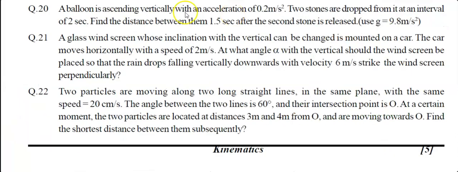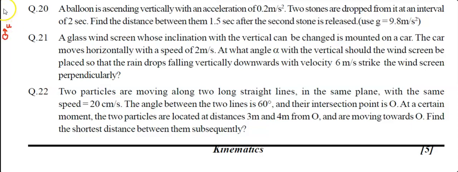For question number 20, it says a balloon is ascending vertically with an acceleration given to you, and stones are being dropped after a 2-second time interval, and we need to find the distance between the two. So you start like that. This is the initial position of the balloon, and when it was moving with velocity u, it released the first stone.